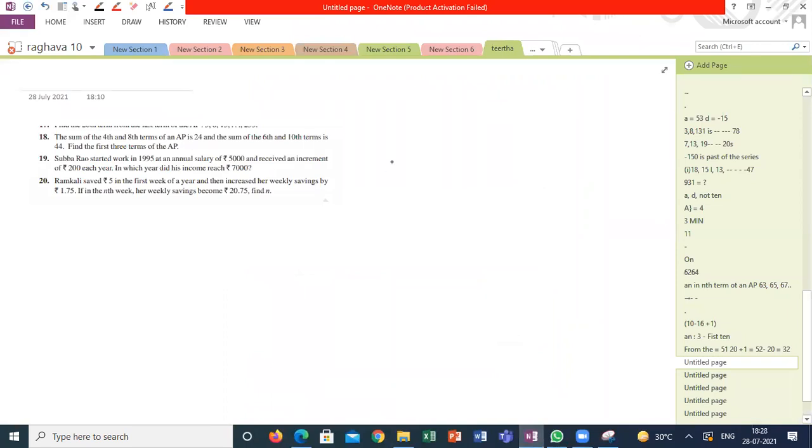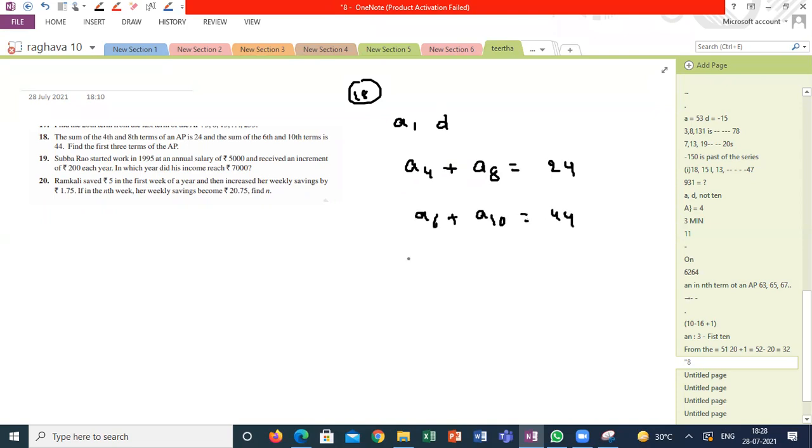The sum of the fourth and eighth terms of an AP. That means there is a series whose first term is A and common difference is D. A4 plus A8 is equal to 24 and A6 plus A10 is equal to 44. Find the AP.